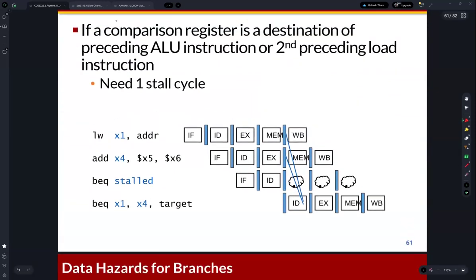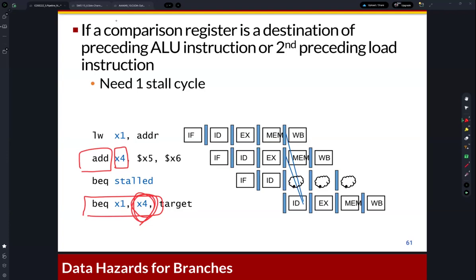In this case, where is the BQ? The BQ is here, and you can find the add instruction is here, right? The add instruction updates the X4, and then BQ uses the X4.